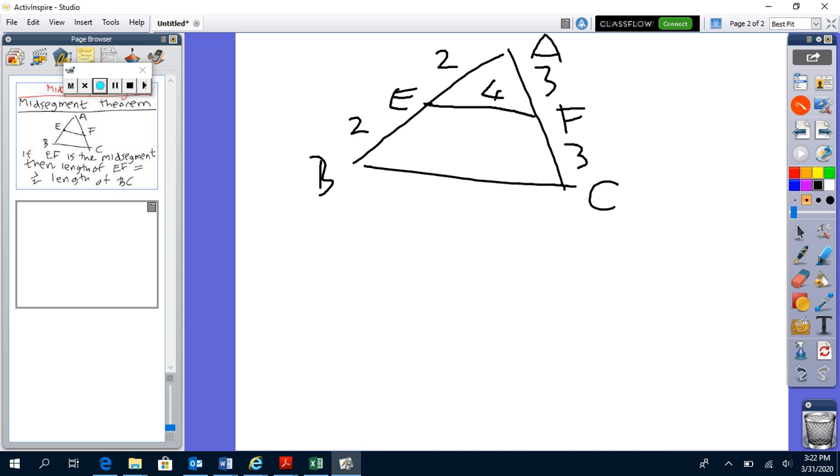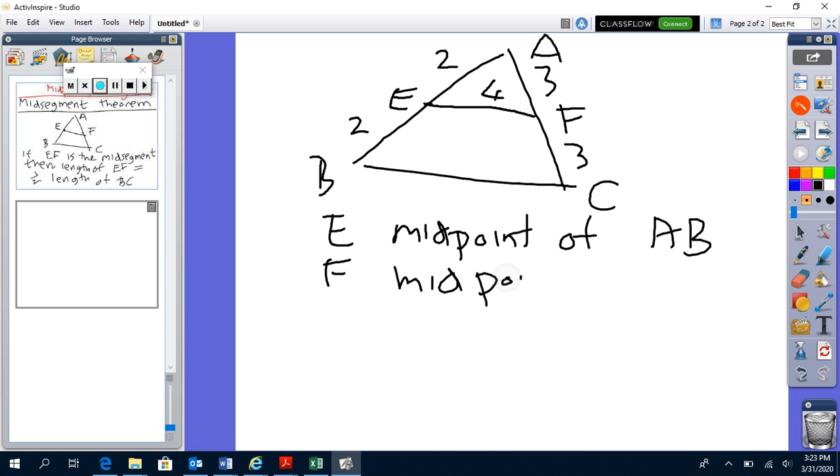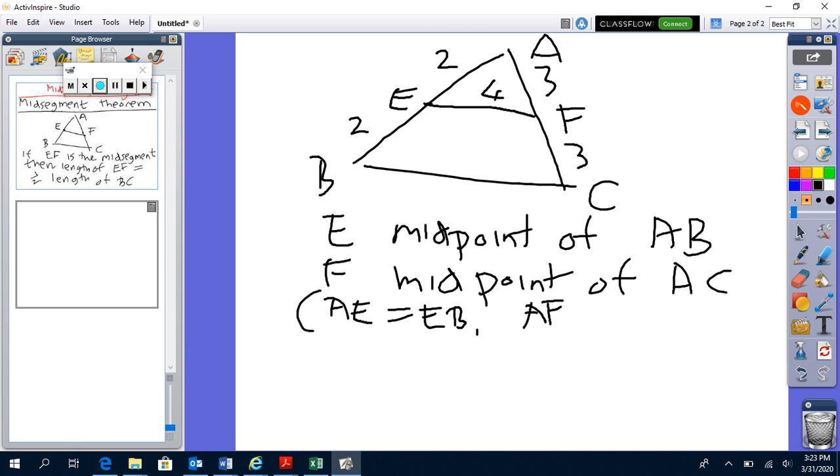Okay, well, obviously E is a midpoint of AB, and F is the midpoint of AC. We can see that from the numbers because the length of AE is the same as the length of EB, and the length of AF is the same as the length of FC.